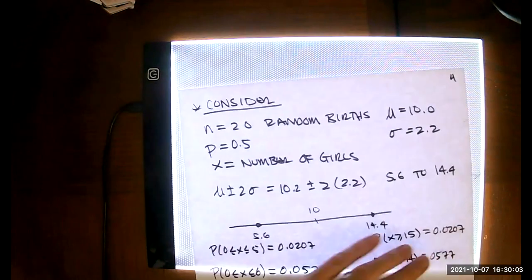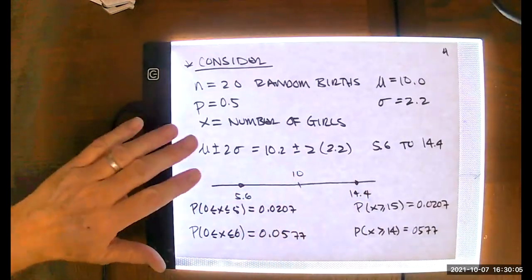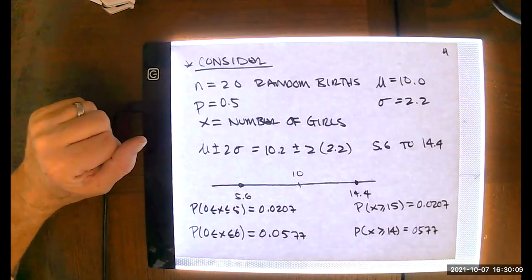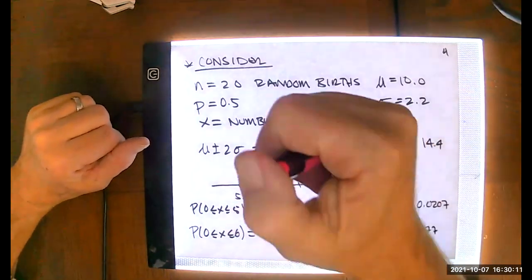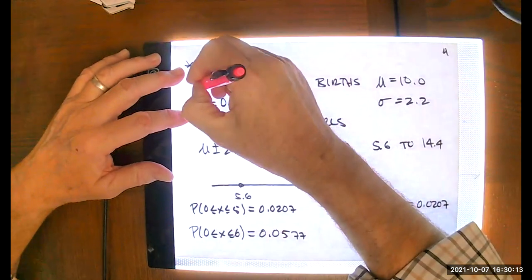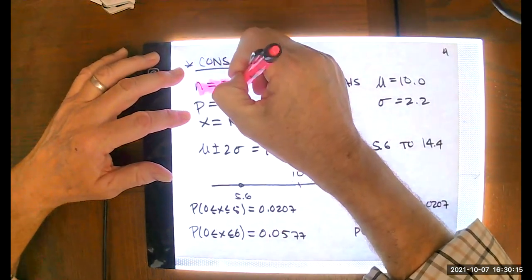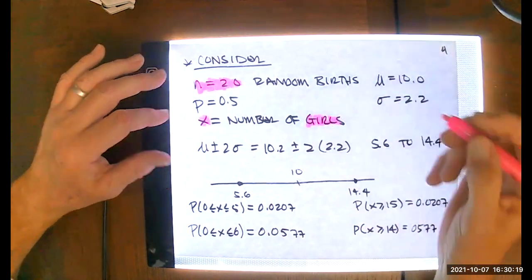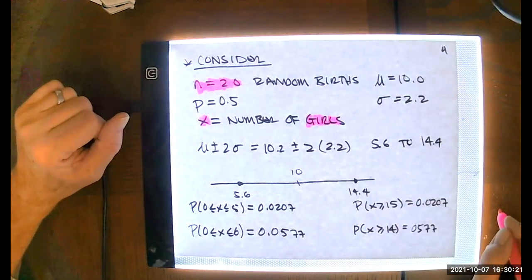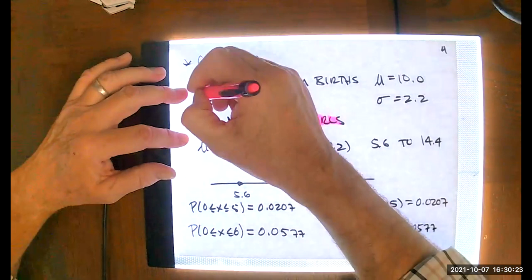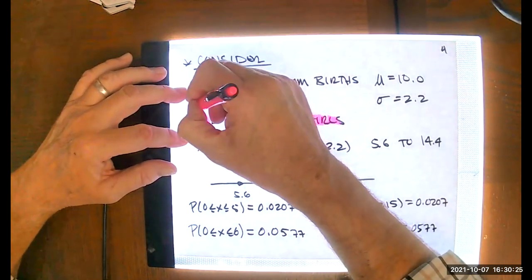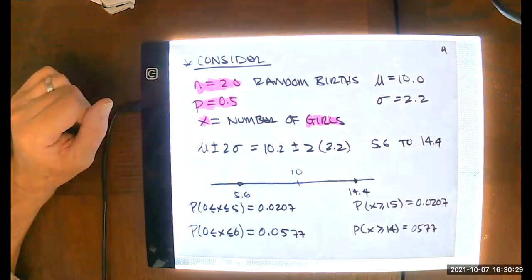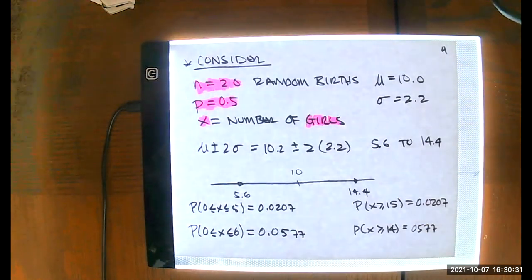We're going to take a look at a sample size of n equals 20. So we've got 20 random births. X is going to be the number of girls that we are interested in. The probability of a girl in any one randomly selected birth is 1 out of 2, or 0.5.